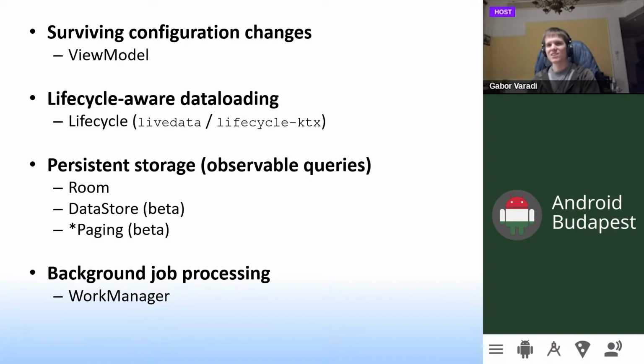But what Paging does is it does multiple things. What it does is that it exposes the data set. If it's too large, like for example you have 3,000 items and they change reasonably often, and you don't want to reload all 3,000 each time because it would consume a lot of memory and time, then instead Paging can manage that you only want to load 50 of them or 100 of them.